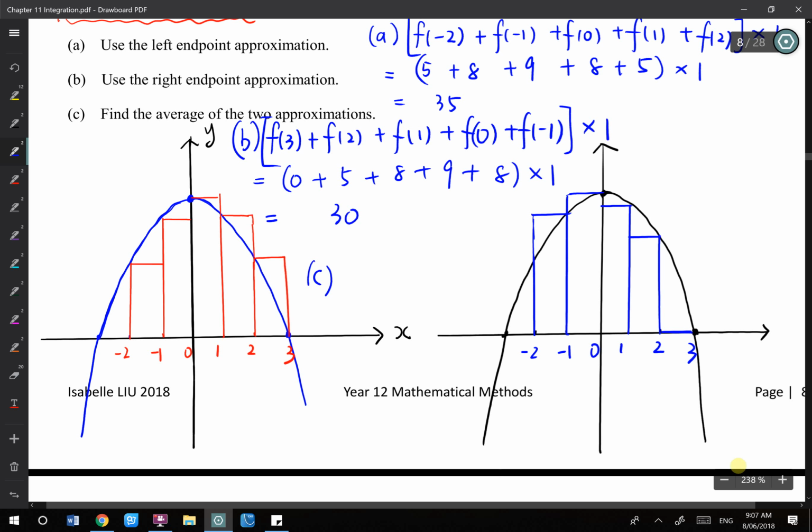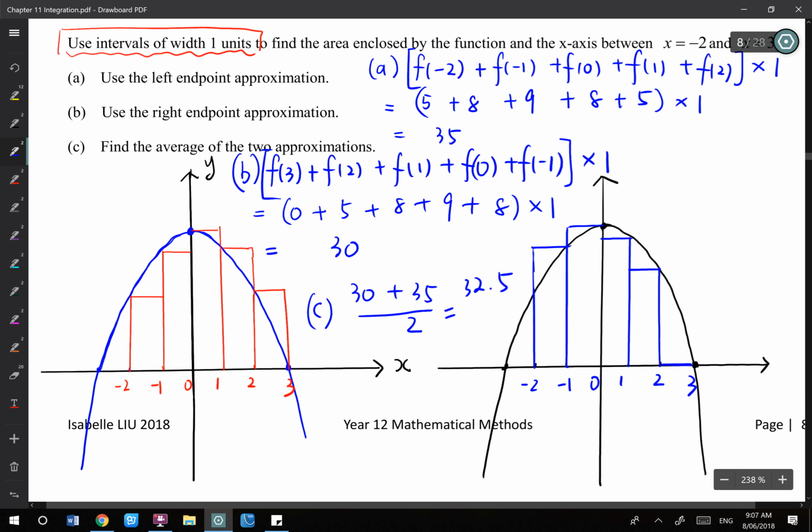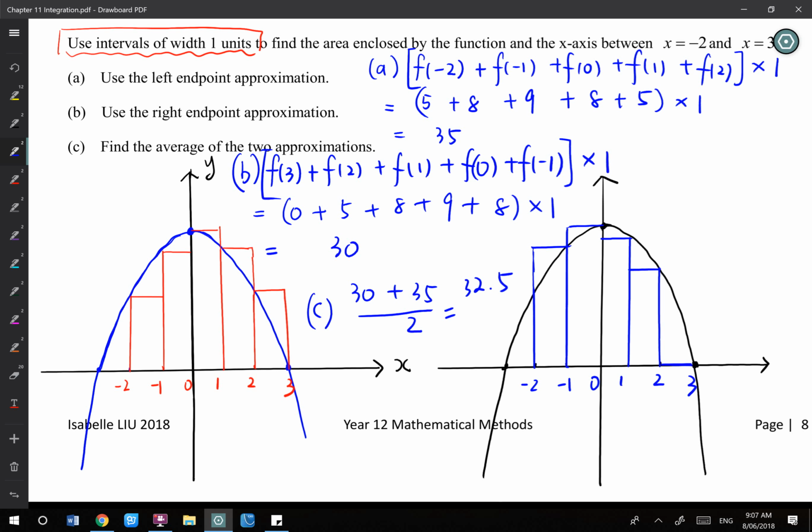And C is to find the average. That's easy: 30 plus 35 over 2. So you don't need to sketch the diagram.